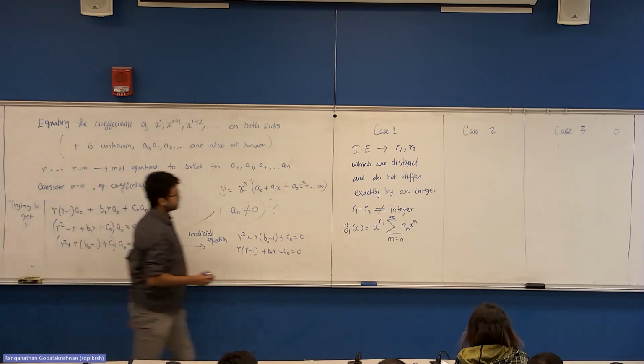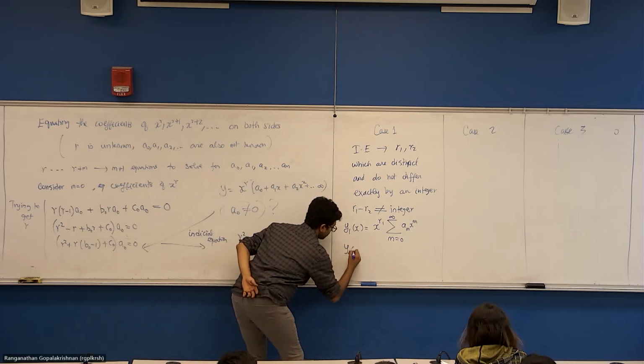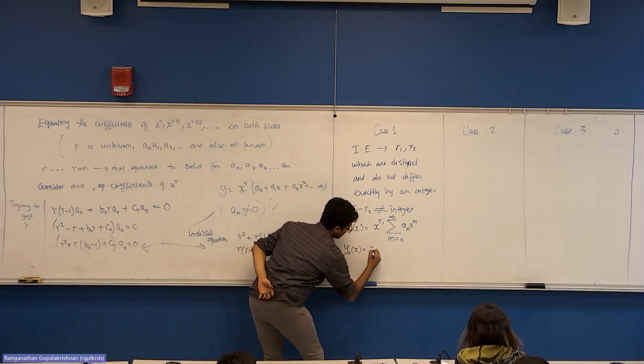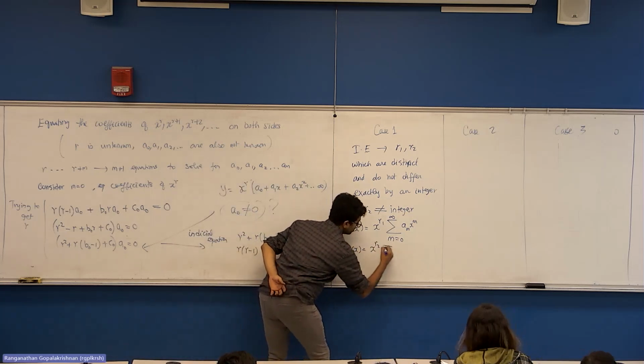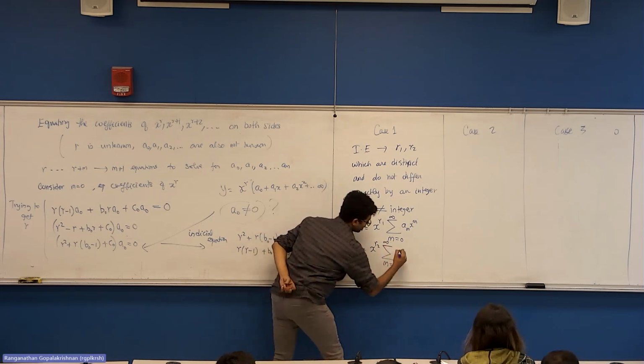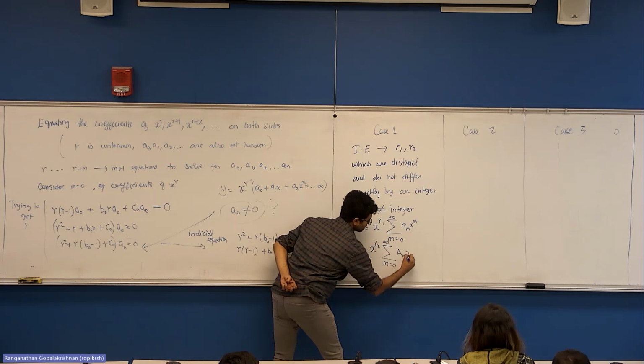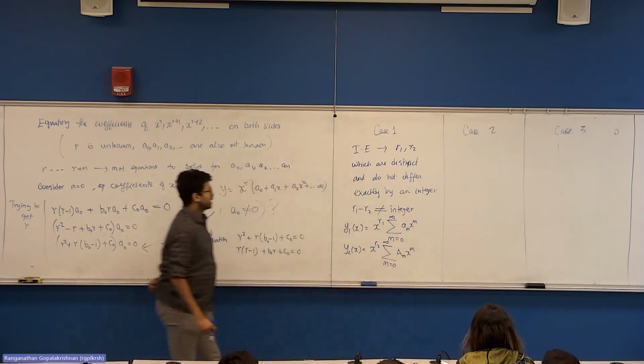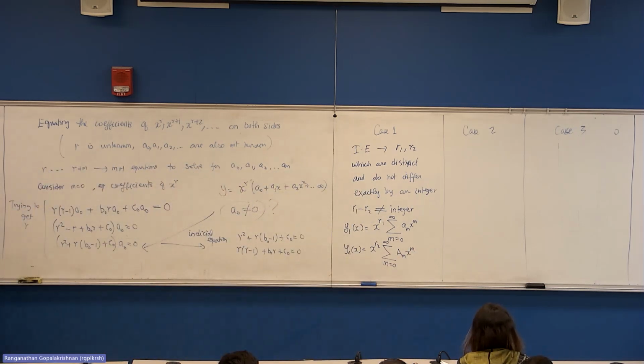And y2 of x, the other basis function, is x power r2 times the sum from m equals 0 to infinity of A_m, uppercase, x power m. That's the nomenclature the book uses, so I'll stick to it.